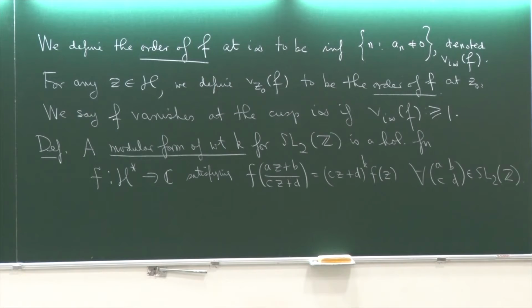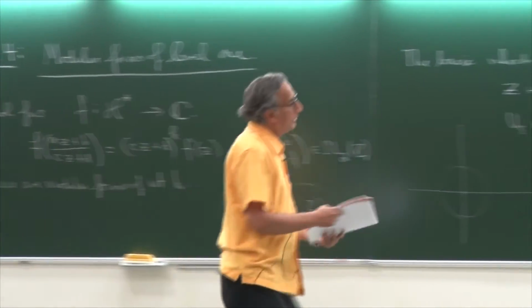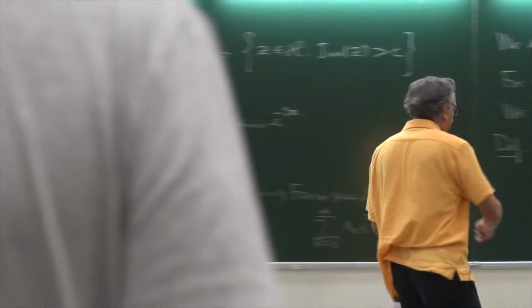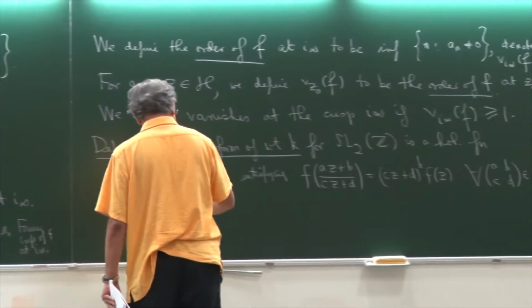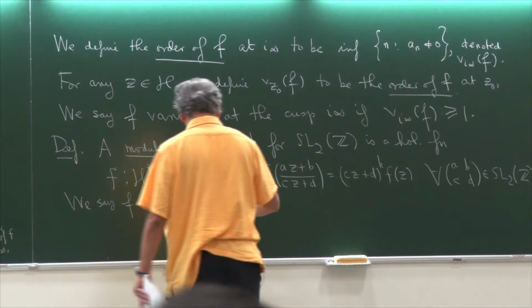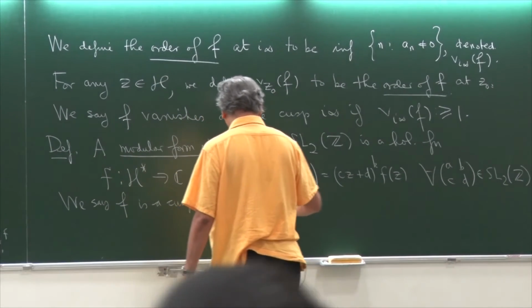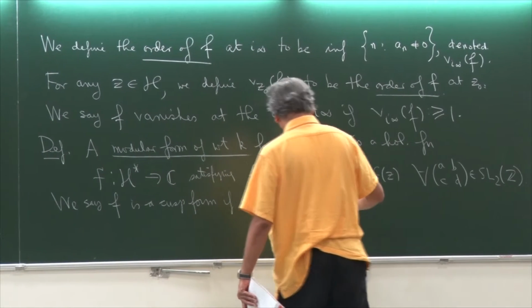Now notice that if I take two modular forms, one more definition before I continue. We say f is a cusp form if f vanishes at all the cusps.